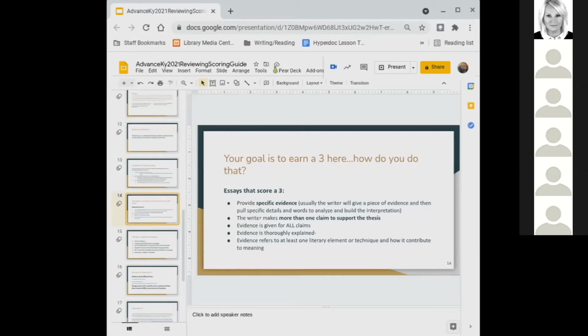So which one do you think you tend to be? The one who uses the whole line or the one who pulls details out of the line and deals with them separately? Okay, great. So you're pulling details. Awesome.